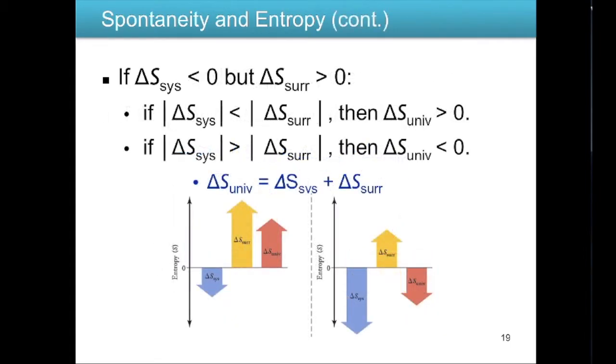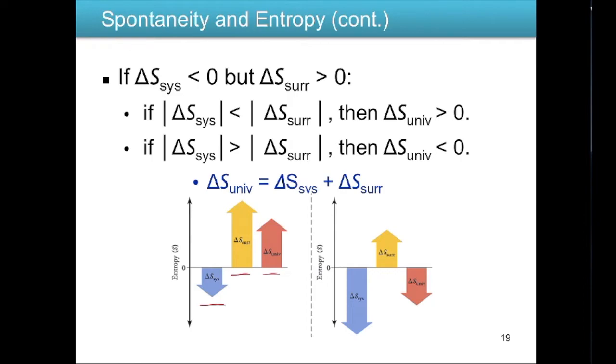Now, if we have one of delta S of the system being positive and the other being negative, then the magnitude of each of those components matters, right? So if we have a situation where the delta S of the system is a little bit negative, but the delta S of the surroundings is quite positive, then the overall delta S of the universe, in this case, can be positive.